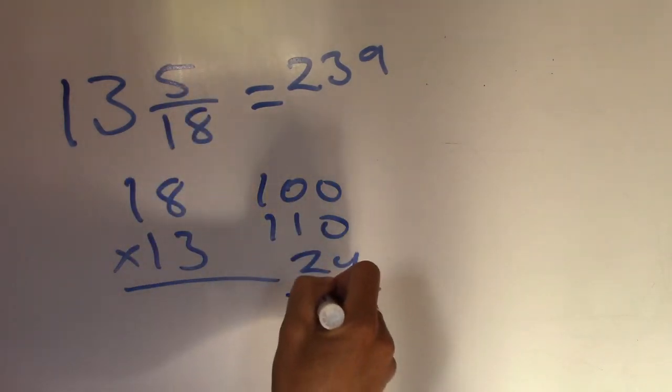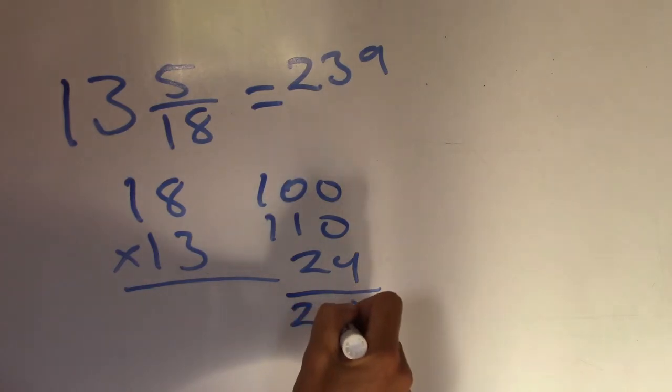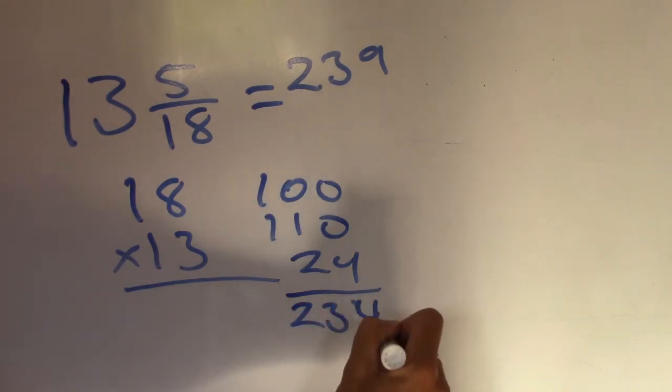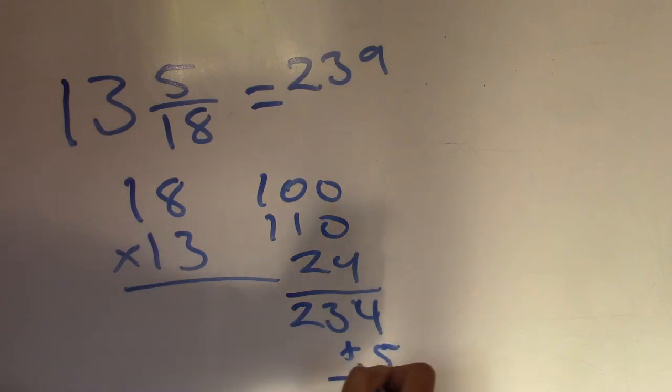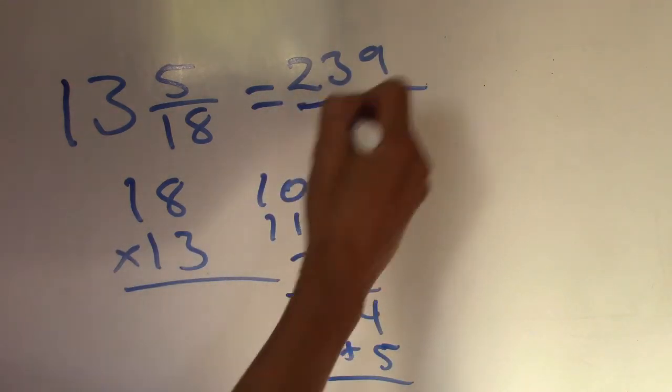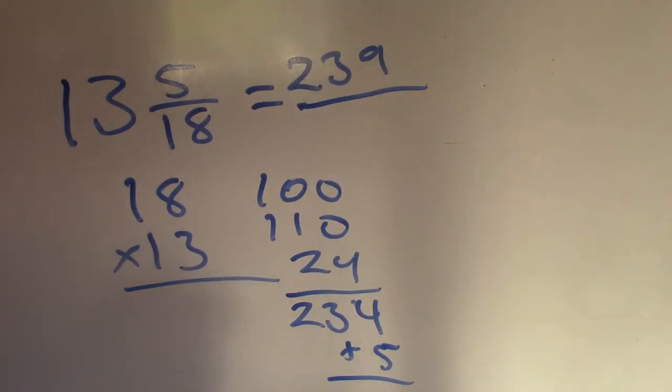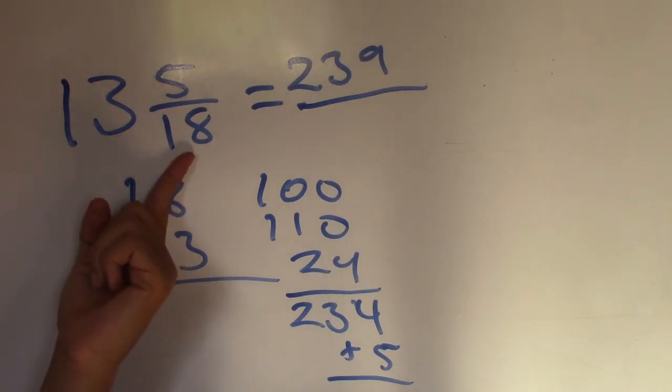Add the 5, and we get 239. And what is it? 239 over... what was our denominator? 18.